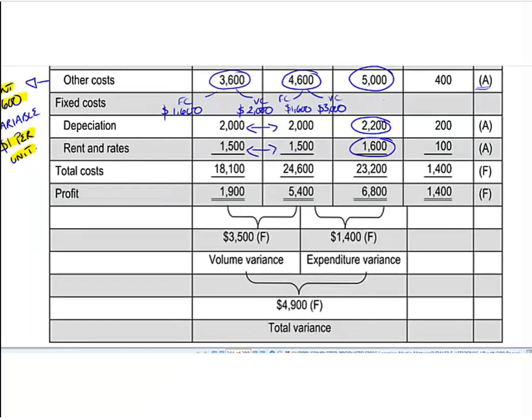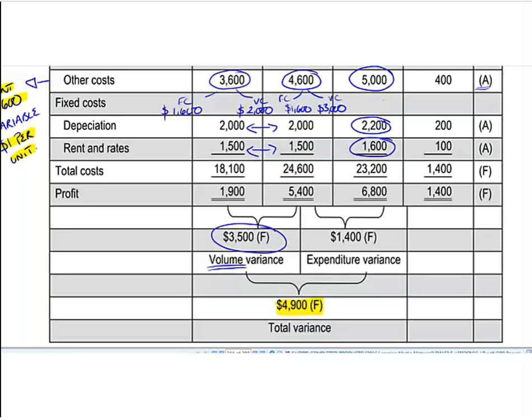Okay, so if we look to summarise the position, we can see that we still have the original $4,900 favourable total variance that we had on the previous page. But now we can see that that's broken down into much more meaningful information for management. So we know that that 4,900 favourable variance was partly due to the volume.